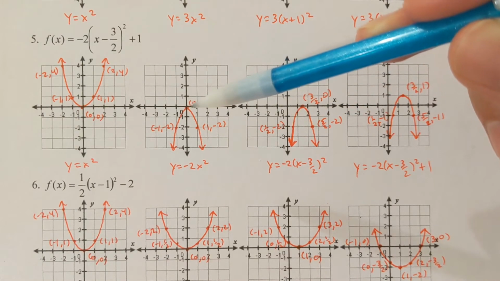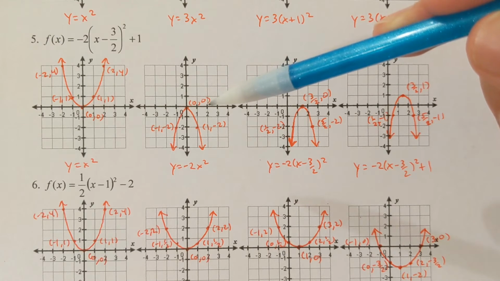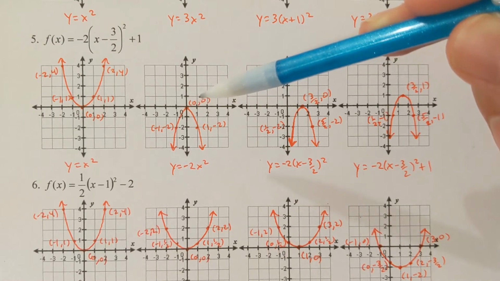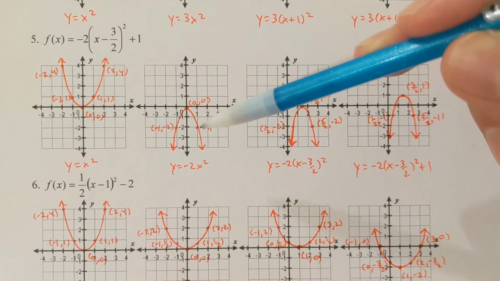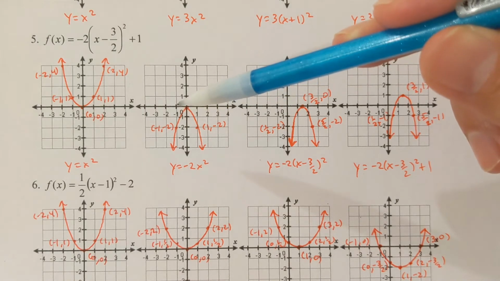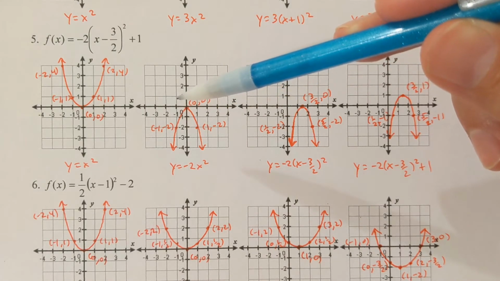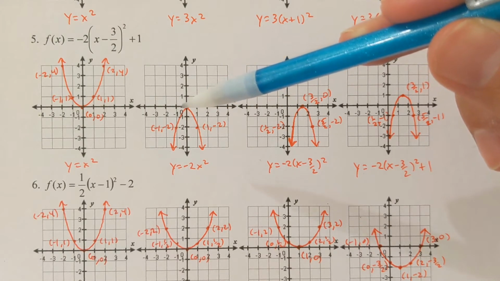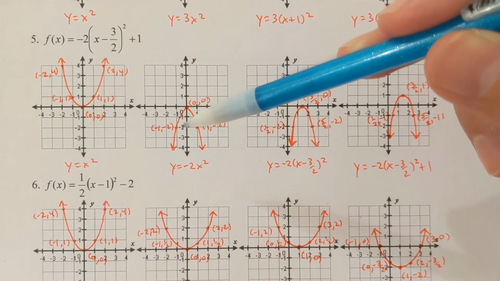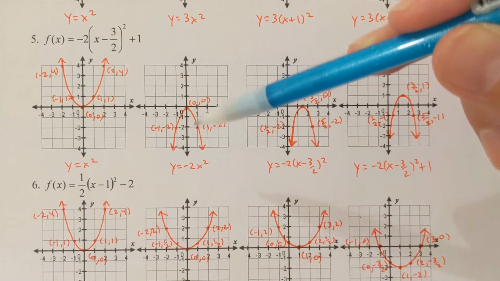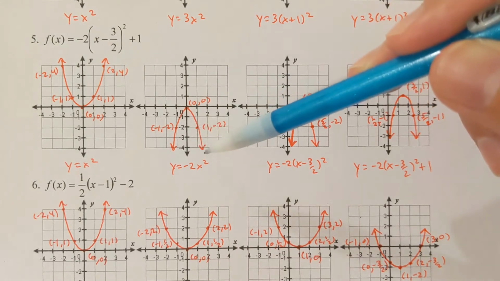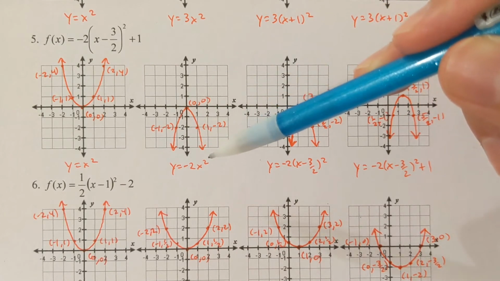So (0, 0) stays at (0, 0). (1, 1), when I multiply the y value by negative 2, puts me at (1, negative 2). (negative 1, 1) puts me at (negative 1, negative 2). Notice how this graph has been vertically stretched and also flipped upside down.